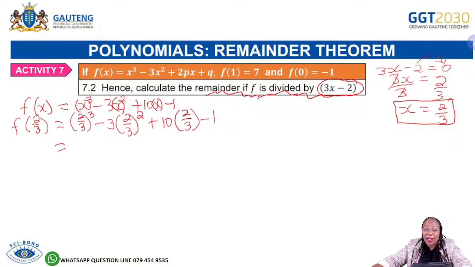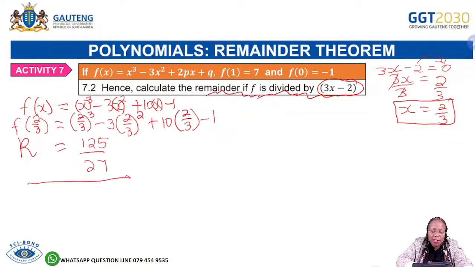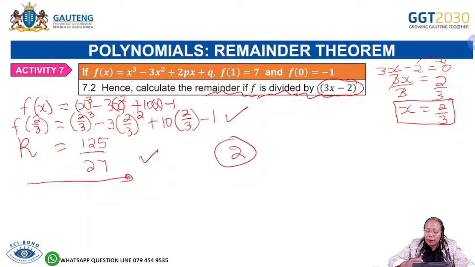There's no need for partial calculation, grade 12. You put everything into your calculator straight to the answer of 125 over 27. I hope you are together. Therefore, this will give us the remainder of 125 over 27. You can leave it as that fraction or you can take it to decimal. It's up to you, grade 12. So the mark allocation is for correct substitution of x and for correct remainder.